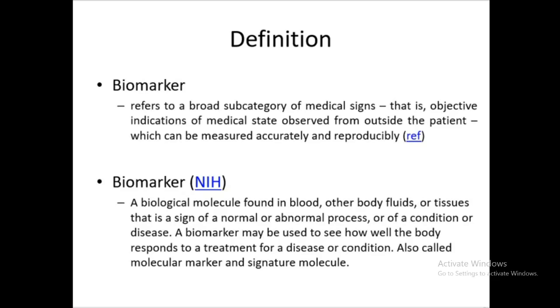A biomarker may be used to see how well the body responds to treatment for a disease or condition. And these would sometimes be referred to as molecular markers or signature molecules. So generally speaking, these molecules that have been implicated in disease pathogenesis or etiology are generally used as biomarkers to measure disease progression.